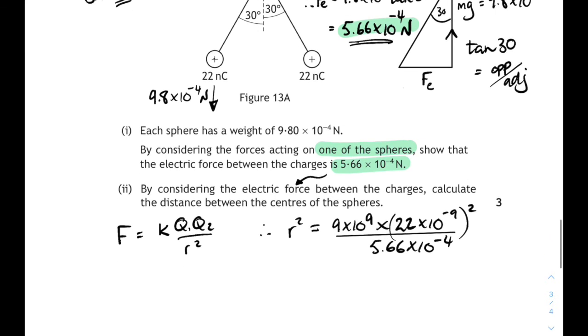Pop that into your calculator, don't forget to square root it, and you get an answer of 0.088 metres. 8.8 centimetres. Remember, it has to be realistic. So if you get some crazy number, go back and check your calculator.